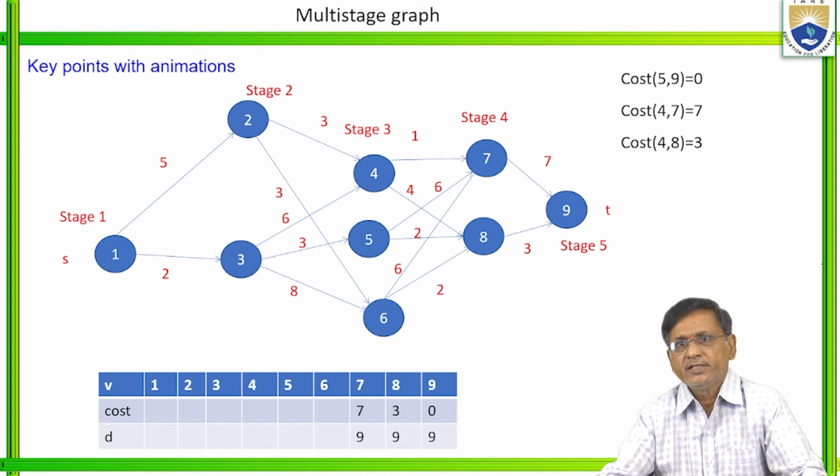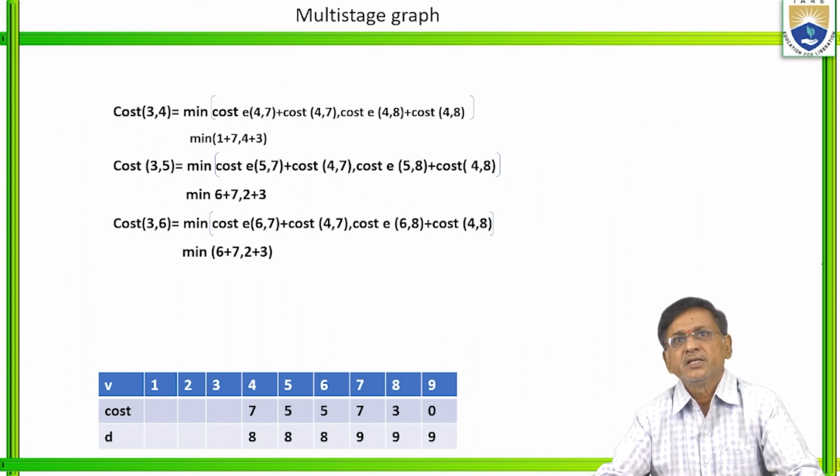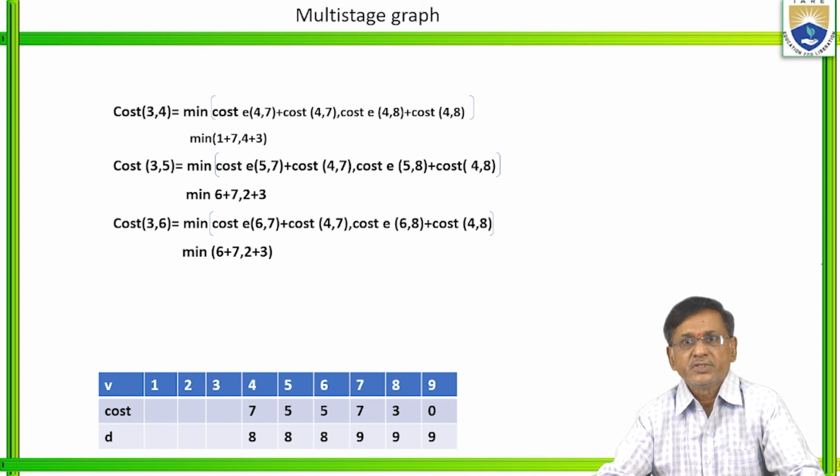Now you calculate the values and select the minimum one. Cost of vertex 6 in the third stage is equal to minimum of cost of an edge 6 to 7 plus cost of vertex 7 in the fourth stage, comma, cost of an edge 6 to 8 plus cost of vertex 8 in the fourth stage.